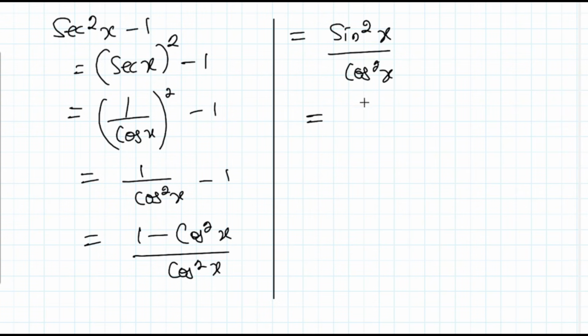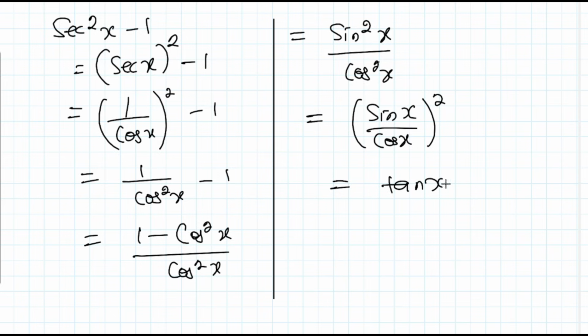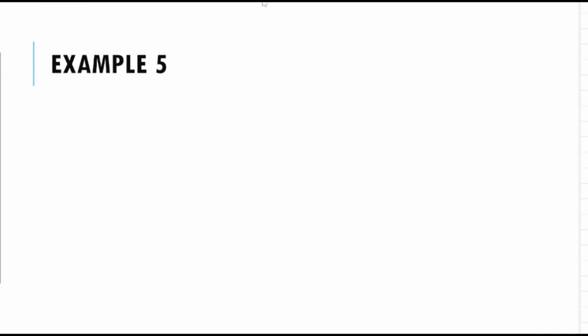If we apply the power identity again, we have sine x all over cos x all squared, which is tan x all squared, which is tan square x. So the power is always the same thing, and you can use it to manipulate expressions as well. This is how that works, and very simple.